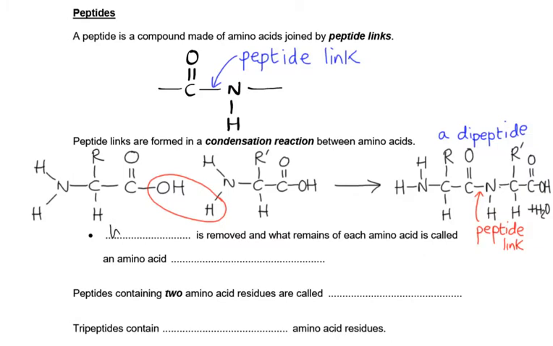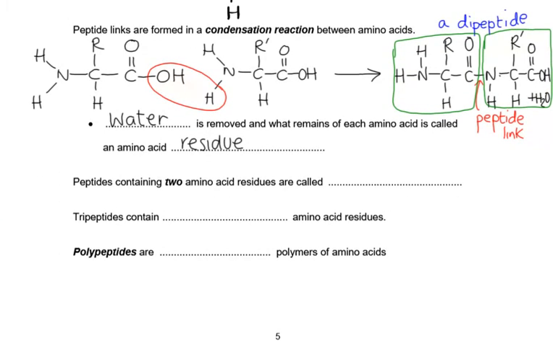So water is removed, and what remains of each amino acid is called an amino acid residue. So what remains of each amino acid? If I was to look at this, this would be a residue, and then this would be a residue, without the water. Peptides containing two amino acid residues are called dipeptides.